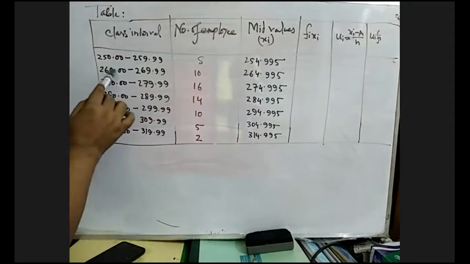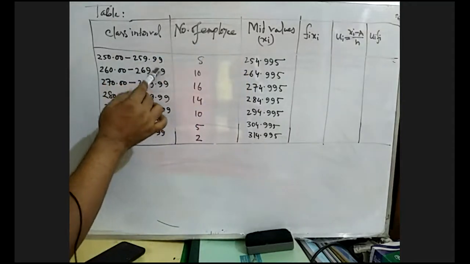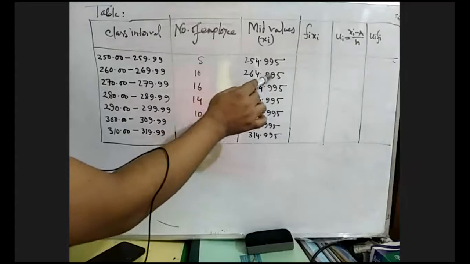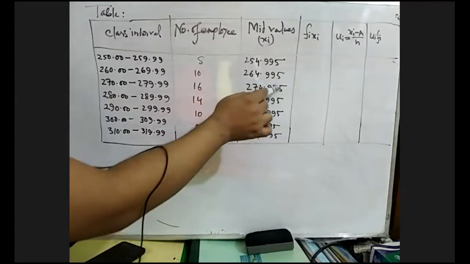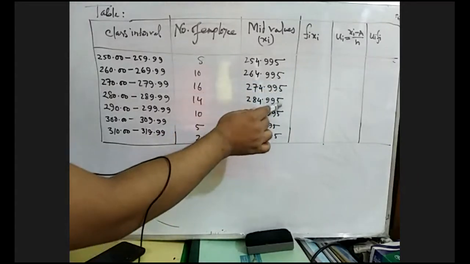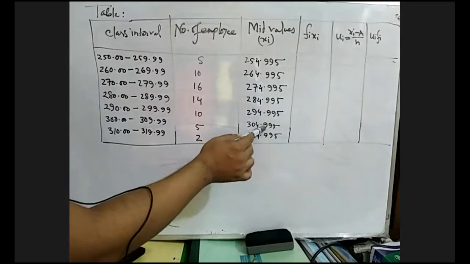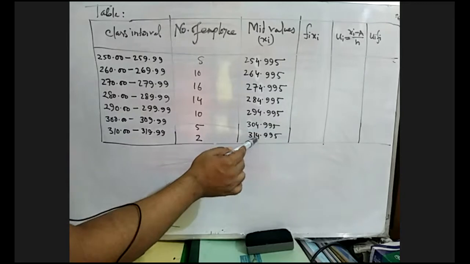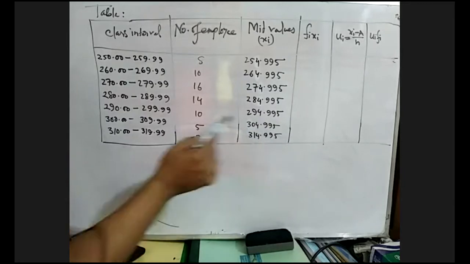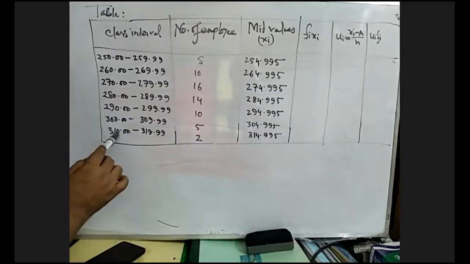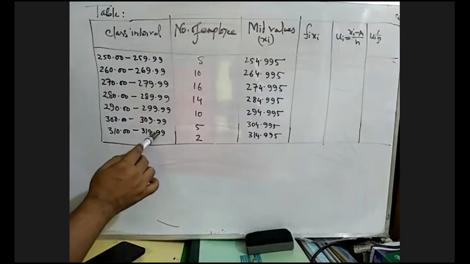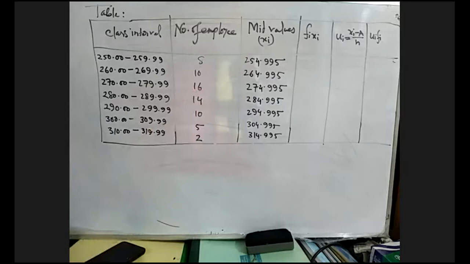Similarly, 260 plus 269.99 divided by 2 will be 264.995. In this way, we get 274.995, 284.995, 294.995, 304.995, and at last 314.995 from the last class, 310 to 319.99 added, then divided by 2. So these are the actual mid values of the class intervals.